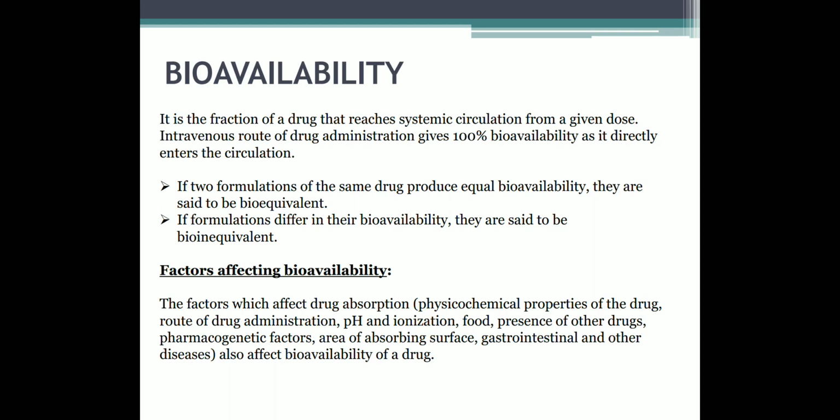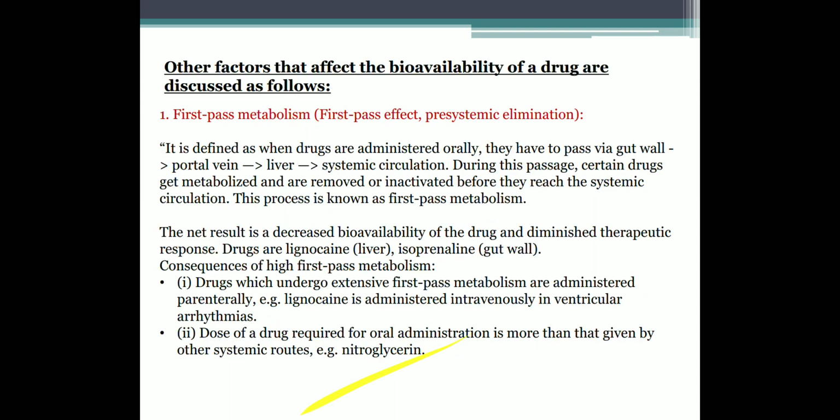Now there are factors which affect the bioavailability of the drug also. The same factors which affect drug absorption apply to bioavailability, and others, like first pass metabolism.